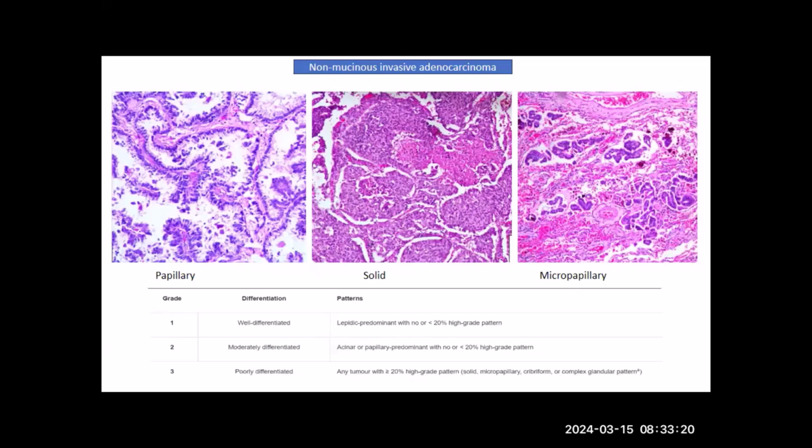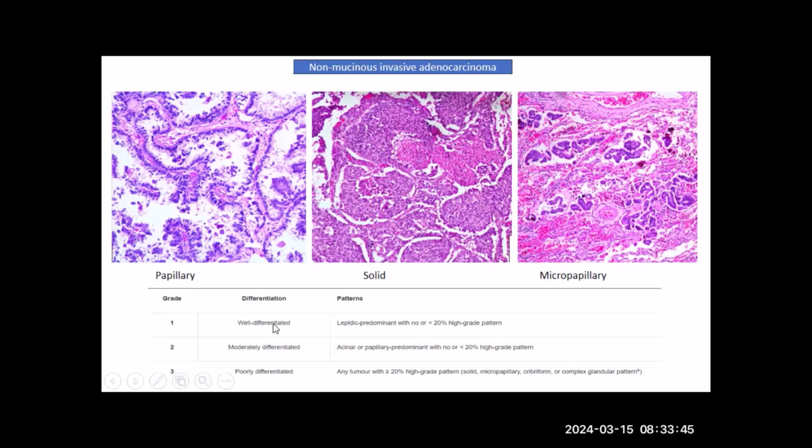Because we can see the entire tumor, we can judge how much each pattern is represented as a percentage. So you must have seen reports like 50% acinar pattern or 20% solid pattern. It is recommended to quantify individual patterns because the grading is based on the percentage.